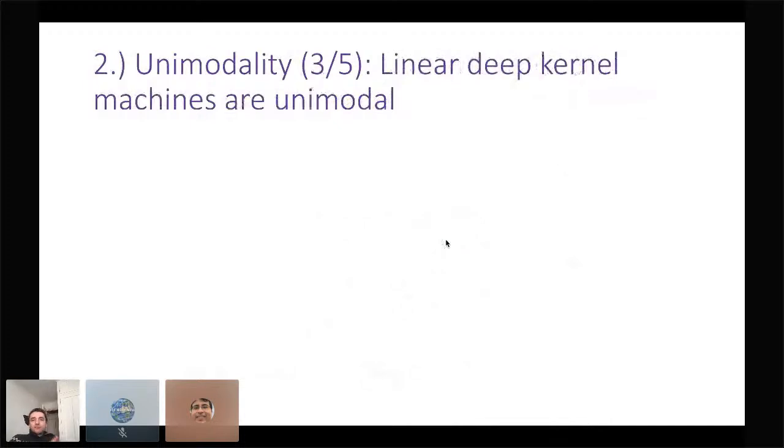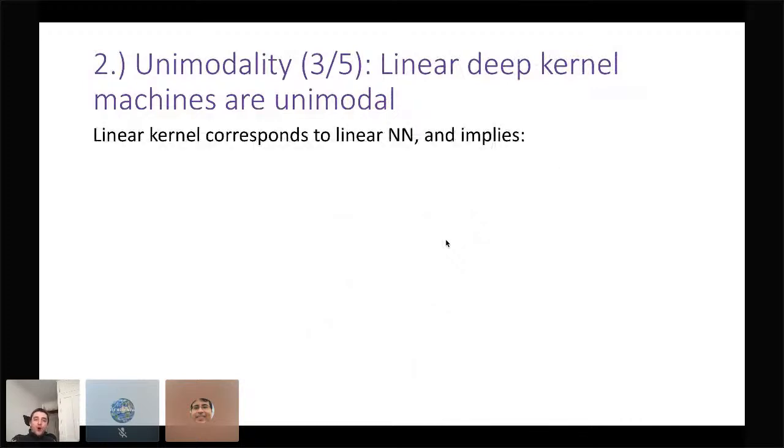In contrast, let's think about what happens with deep kernel machines. So it turns out there's actually a proof of unimodality in the linear case. And it turns out this is quite instructive, so it's worth thinking a little bit about it. A linear deep kernel machine is one where this kernel function just returns the gram matrix from the previous layer.